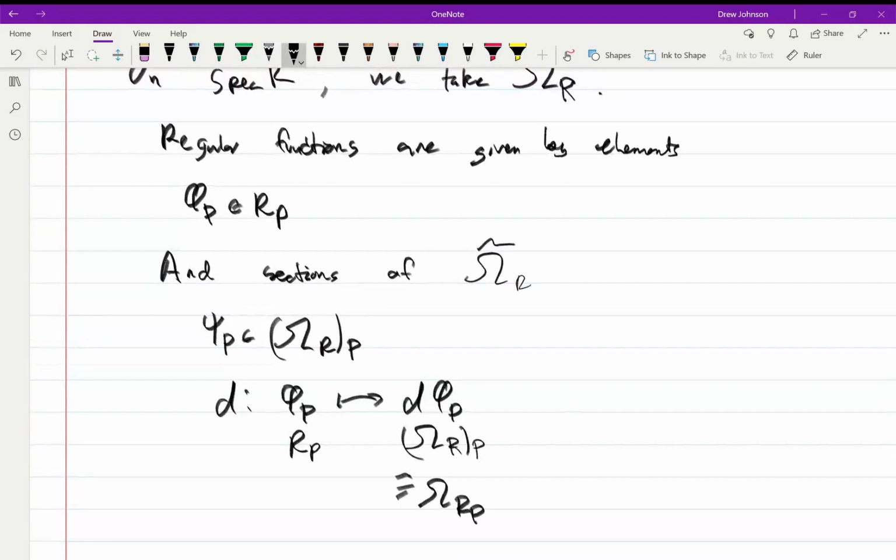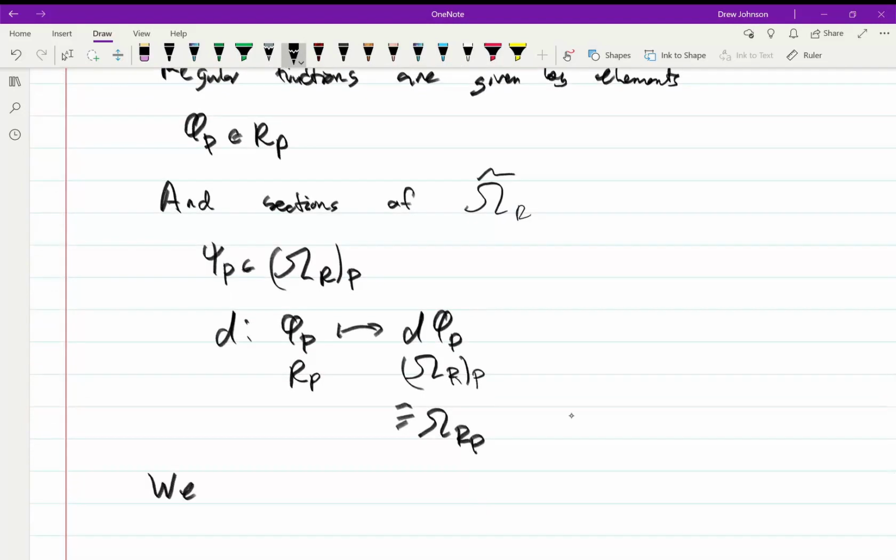Okay, so the point is here we have a map. So we have differentials of regular functions.